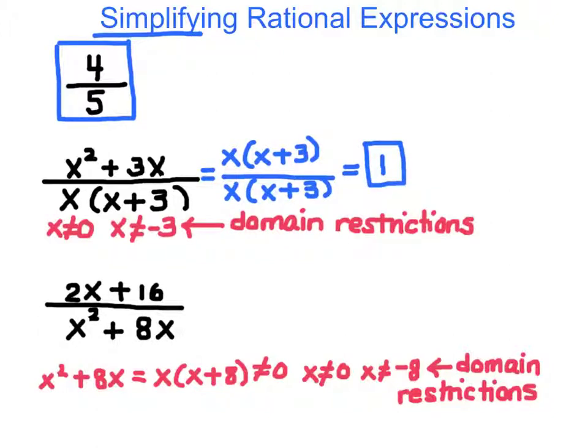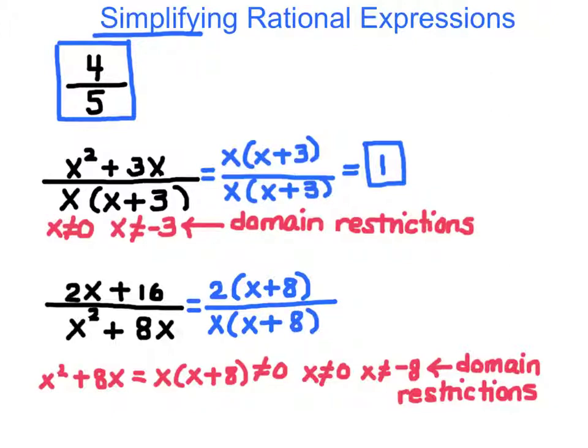Now let's simplify our bottom rational expression. In the numerator, I can factor out a 2, and I have 2 times x plus 8. If I distribute that 2 back in, that gives me the 2x plus 16. In the denominator, I can factor out an x, and I have x times x plus 8.